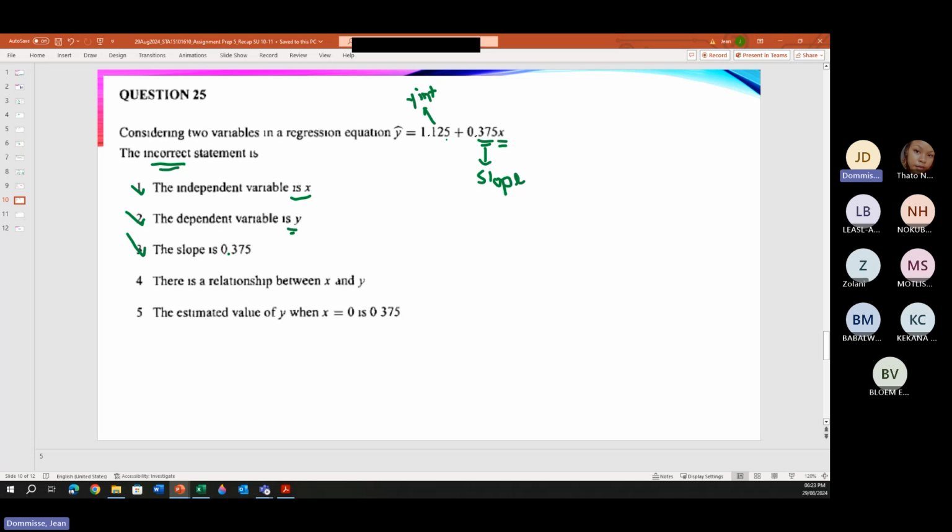Okay, so if you look at this, you put in a number 1 in x, you get a y number. So there is a relationship between the two. They haven't told us it's a positive relationship, it's a negative relationship, it is strong, weak, moderate. They just tell us there is a relationship between x and y. So that is correct.